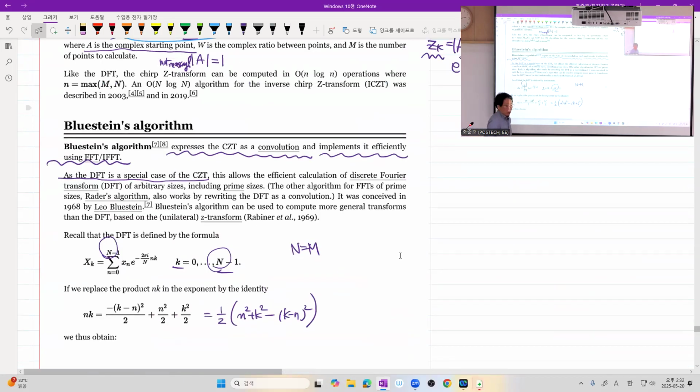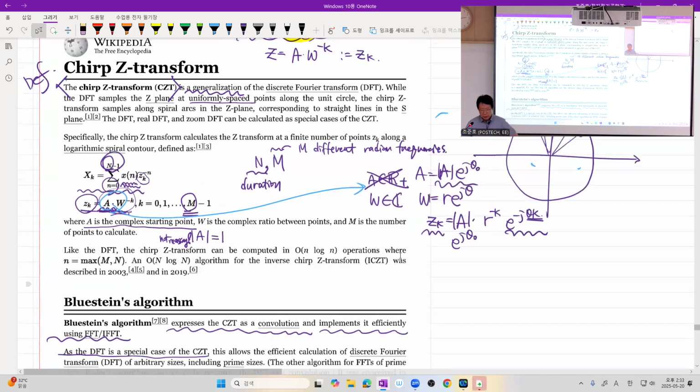And what is the trick? The trick is exactly actually Goertzel's algorithm. So the Z transform or chirp Z transform output is regarded as the LTI system's output. So what they do is that they compare this summation with some convolution of two signals.